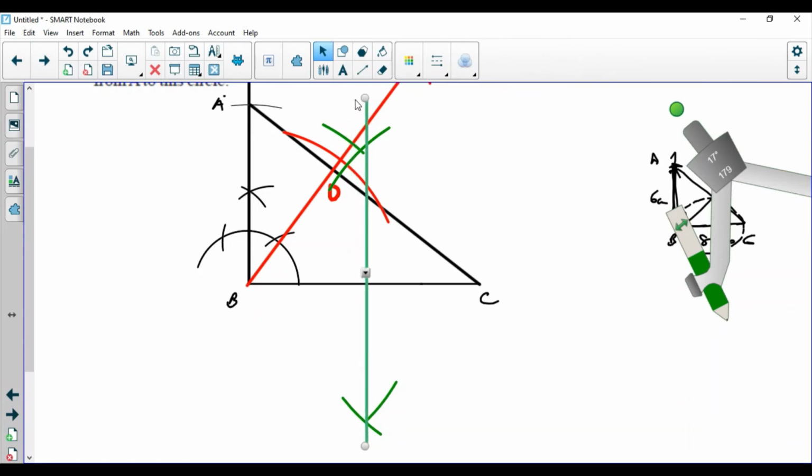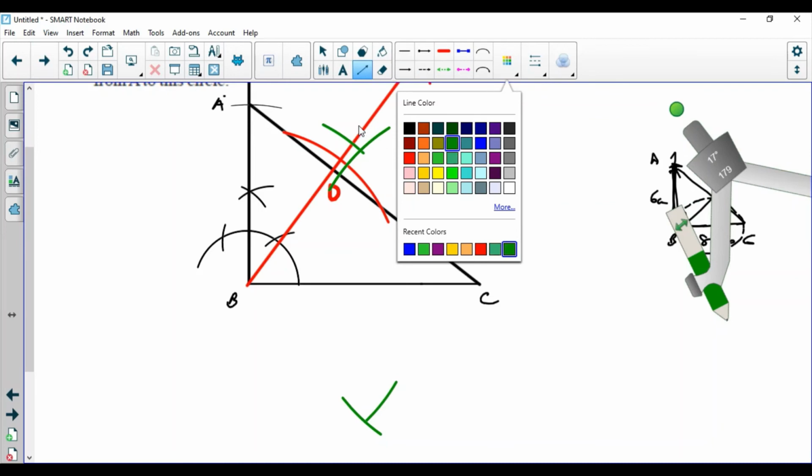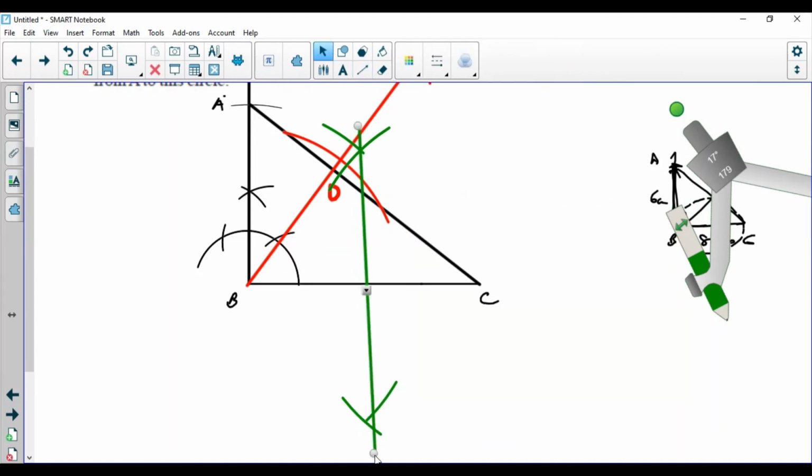Okay, and that will be our center. So let this point be our M point.